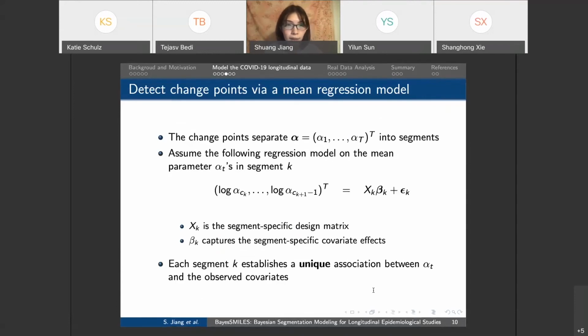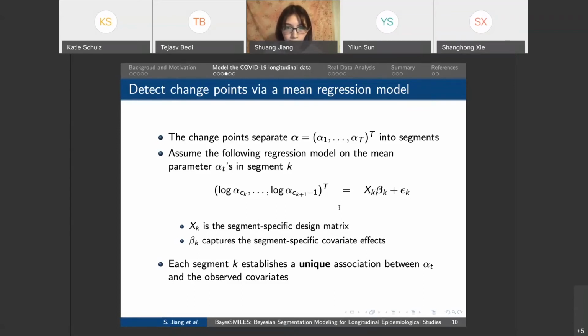The change points not only separate the observations, but also our alpha parameter into distinct segments. Well, within each segment, we assume the following linear regression framework. So on the right-hand side, X_k is a segment-specific design matrix. So in this matrix, we can include information such as time or other explanatory variables that we believe are associated with the disease transmission.